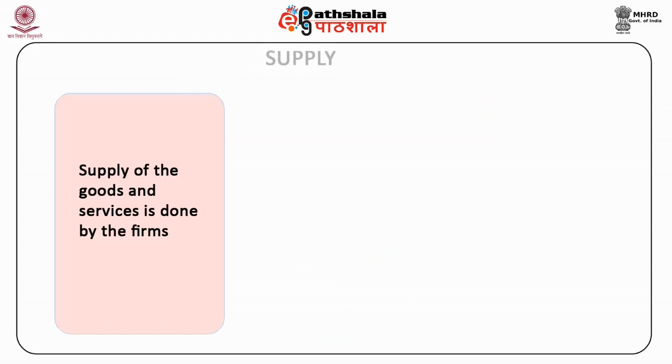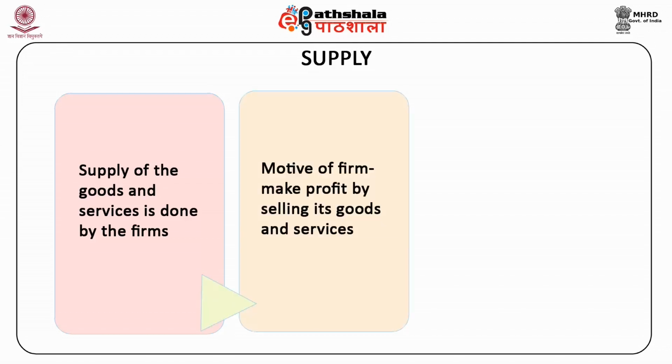The supply of goods and services is done by the firms, therefore the firms are known as the suppliers. The main motive of the firm as a supplier is to make profit by selling its goods and services to its ultimate consumers. For this, they hire several factors of production to which they pay their payment.